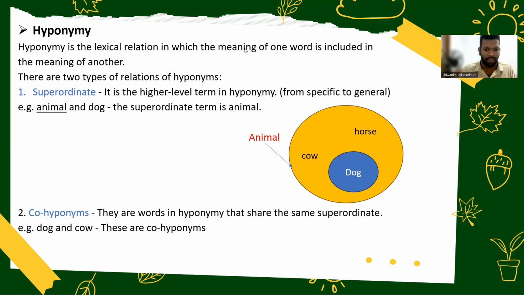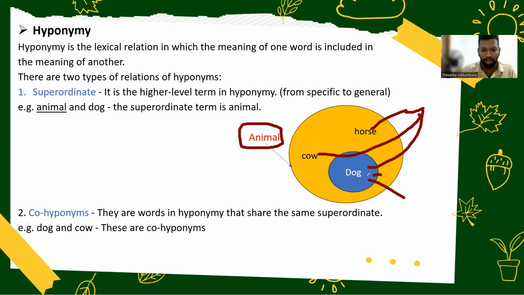We can see in this diagram also, when we consider the superordinate animal, there are many subsets: cow, horse, dog, squirrel. Likewise, we have many hyponyms. So animal is the superordinate, and dog, cow, and horse we can consider as hyponyms. Here, dog is the hyponym, animal is the superordinate.